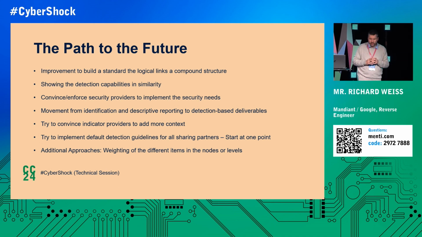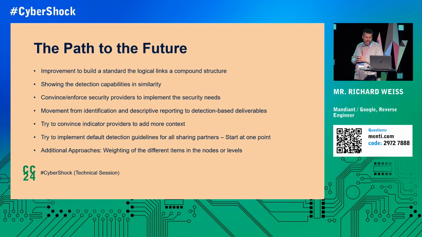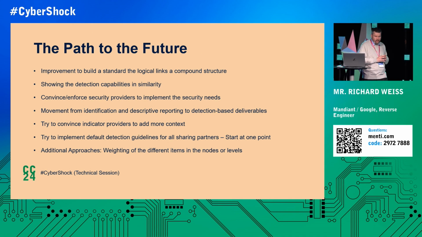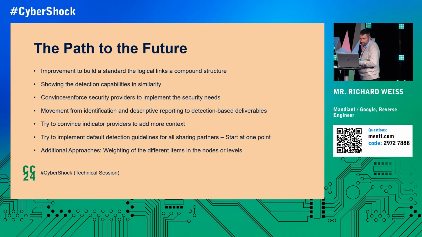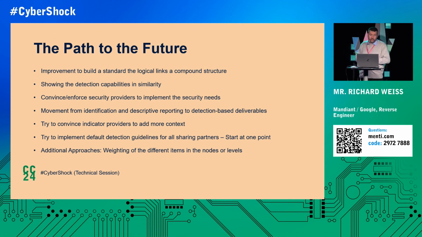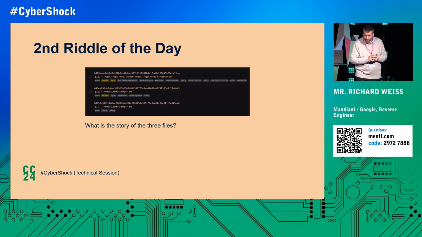So they will share it in advance. Then movement from identification to really detection purpose of reports. That is, for detection, the better way. Then the more context, of course, and the weighting. That's really important.